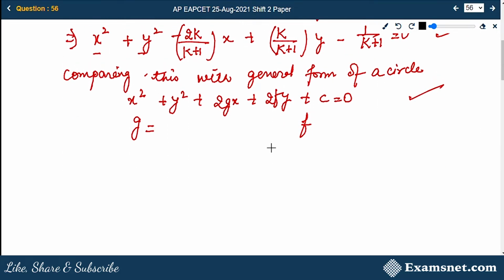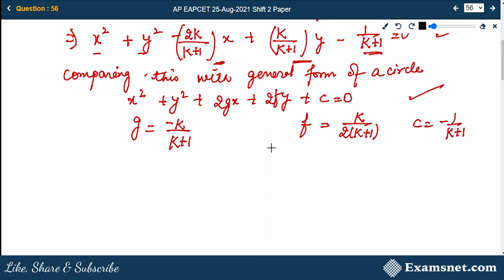So what is g? g is half the coefficient of x, sorry, not minus, g is half the coefficient of this x. So g will come out to be minus k upon k plus 1. Similarly, f is half the coefficient of y, so f will be k upon 2 into k plus 1, and c over here is minus 1 upon k plus 1.